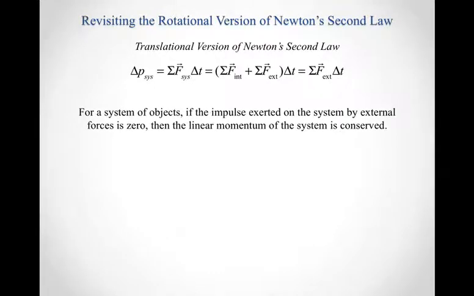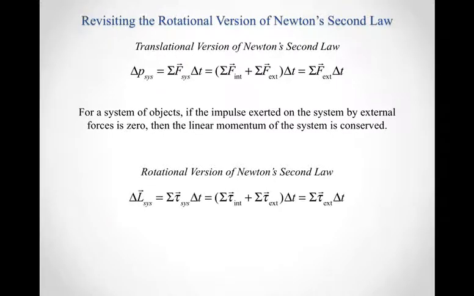This equation, of course, gives me a way to recognize when the momentum of my system will be conserved. It'll be conserved when the net external impulse acting on my system is 0. So either the net external force is 0, or again we make delta t negligibly small so there's no time for that force to act even if it exists.